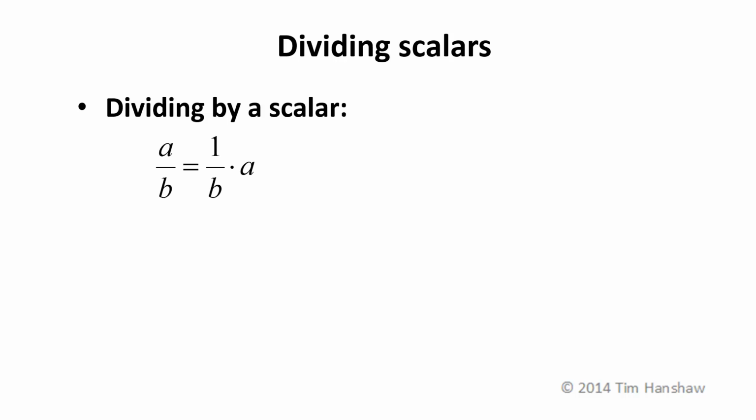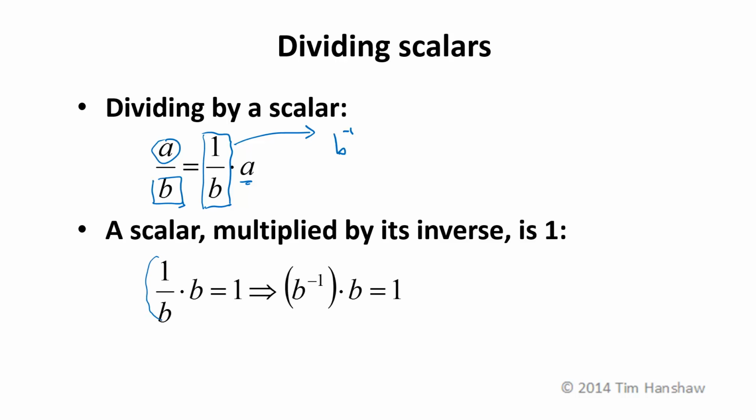Now, before I talk about solving systems of equations, I want to talk about dividing scalars, or single numbers, which we should be pretty familiar with. If you divide one scalar A by another one B, that's the same as multiplying 1 over B times A. 1 over B is defined as being the inverse of B. The definition is that 1 over B times B is equal to 1 because this cancels with this.